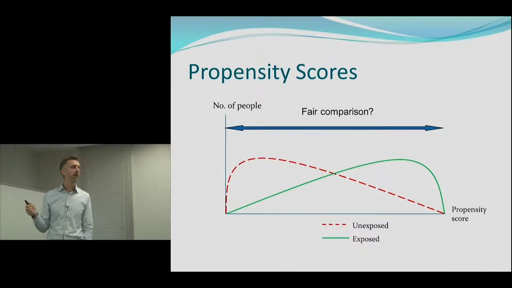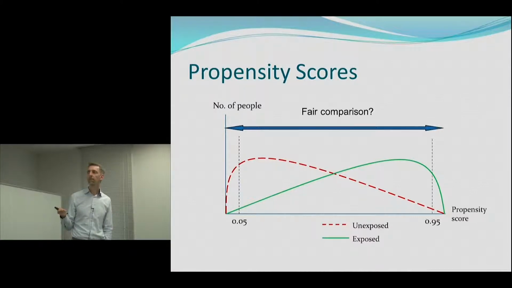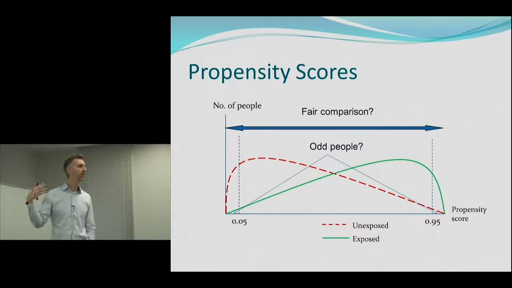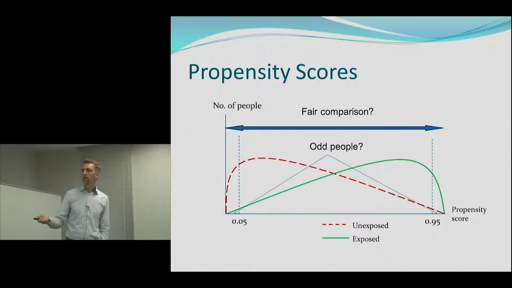There's another argument that says, if we want to make a fair comparison, maybe we ought not to include the people at the very extremes of the score who were treated contrary to what you would have expected from their score. So here you've got people with very, very low scores but who are given the treatment.